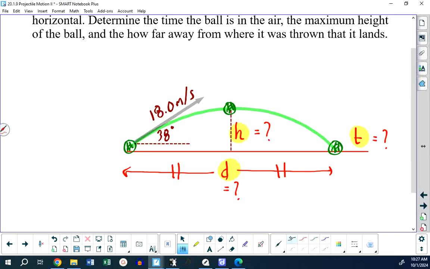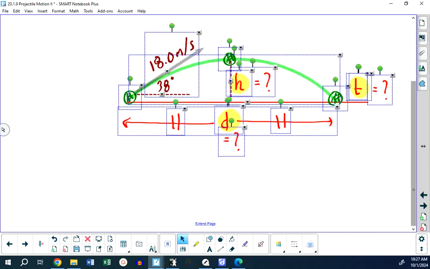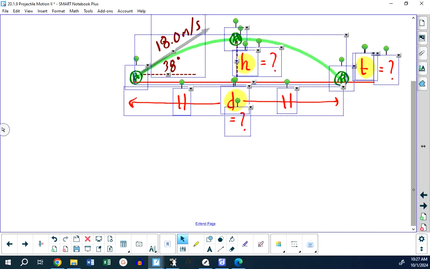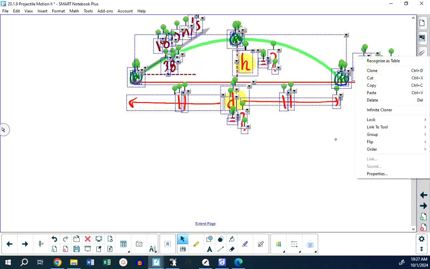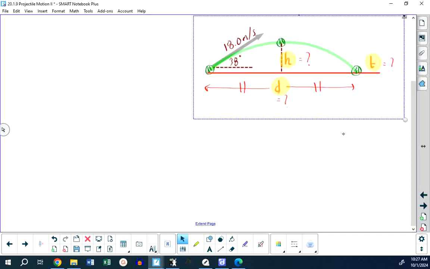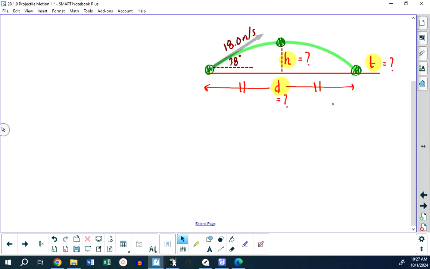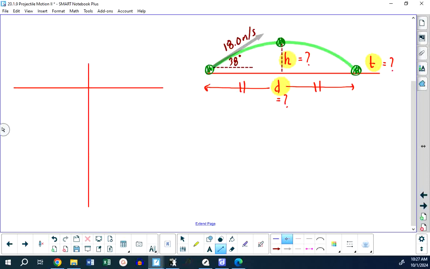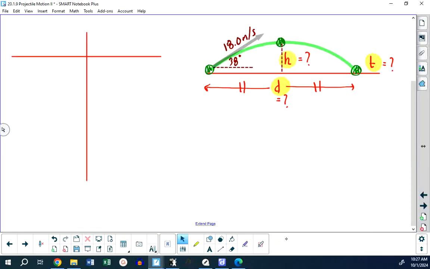So we're going to set up our table using this diagram. I just want to give myself a little more room. So what's our table going to look like? It's going to contain the exact same sets of variables that we have always put in here.